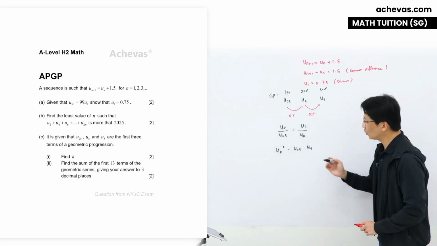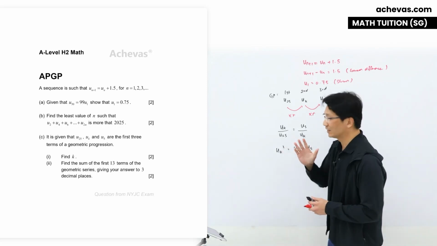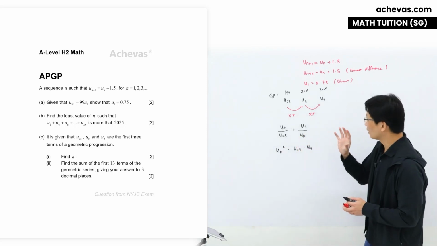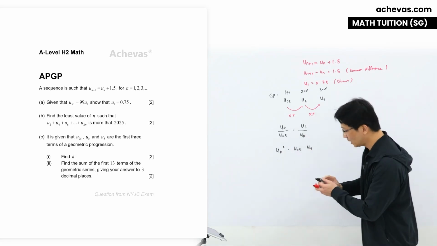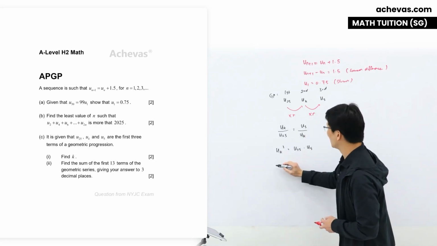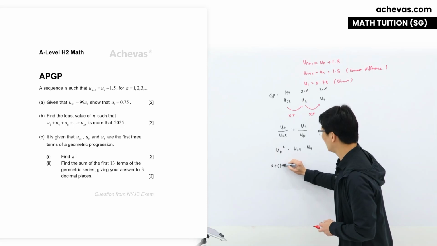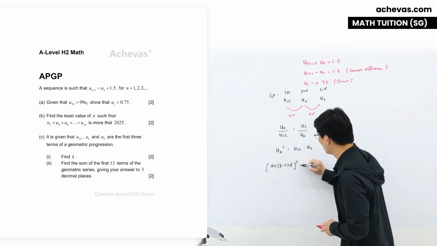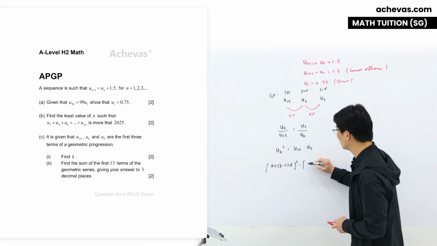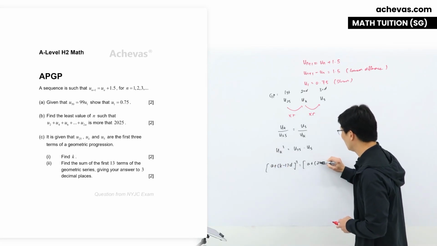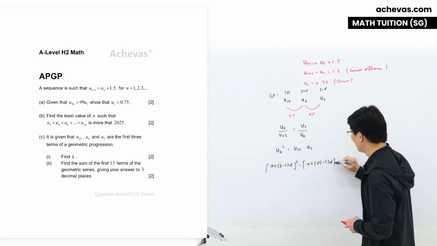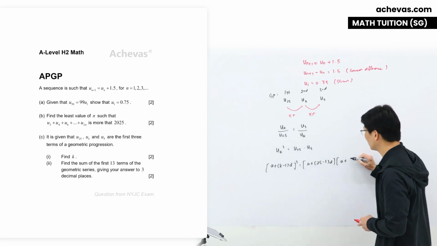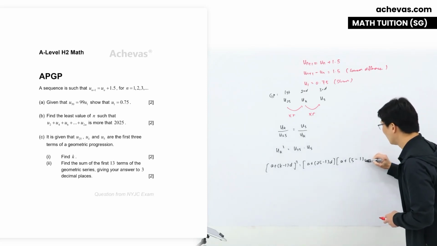And since we already showed previously that Un is an AP, we're going to make use of the general term formula for the AP. This, I'm going to use a plus k minus 1 d and the whole thing squared. Similarly, this one, I'm going to make use of a plus 25 minus 1 d, and this is a plus 5 minus 1 d.